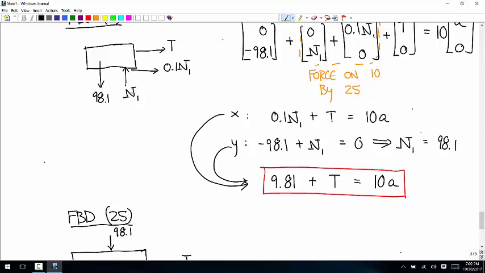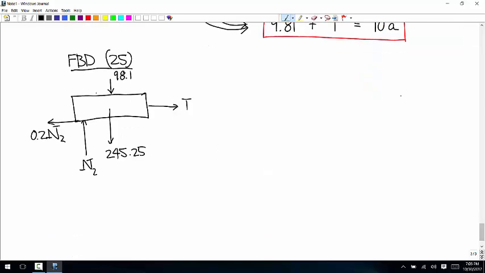Because in the free body diagram of the 10 kilogram, we have it acting up. And then since in the 10 kilogram we have the 0.1 N1 acting to the left, over here it has to be acting to the right. So that's 9.81. Any questions about that?